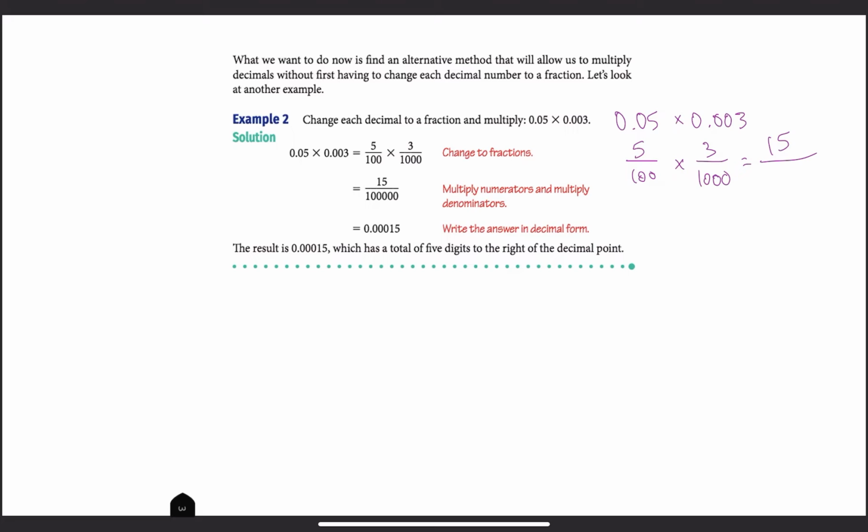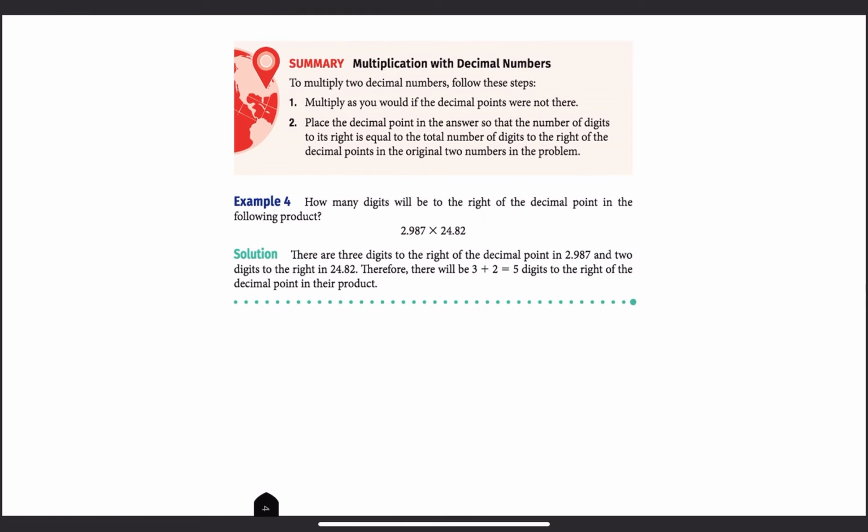But the question is, what's the denominator? 100 times 1,000? Well, that's 100,000. And so that's 15 100,000ths. So that's the tenths, hundredths, thousandths, 10,000ths, 100,000ths. So hopefully it makes sense how fractions and decimals are connected.